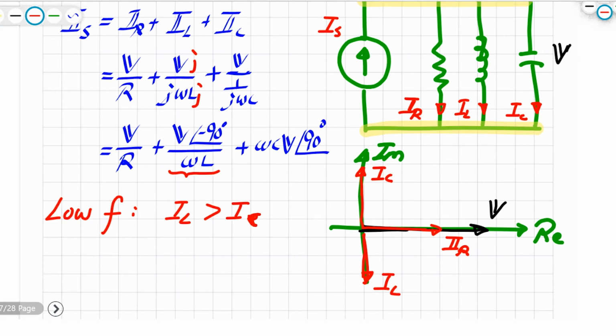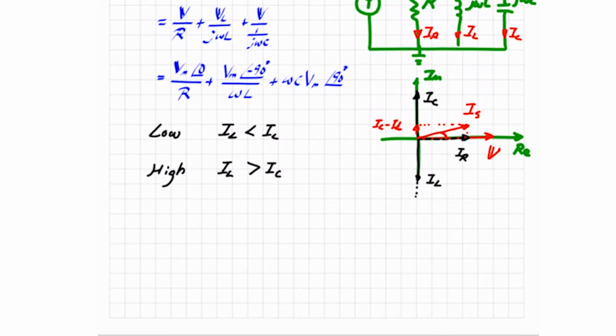So clearly the situation in this one here, because IC is larger than IL, corresponds to high frequency. So for high frequency, what do we have then? You can see the frequency is right here.